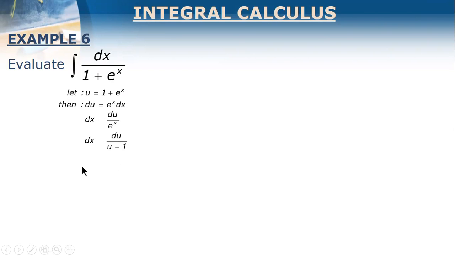And let's try to substitute. dx replaced by du over u minus 1, and then 1 plus e raised to x replaced by u. Now, if this is the case, you cannot solve this one by another substitution, or you cannot simplify this one by algebraic substitution.